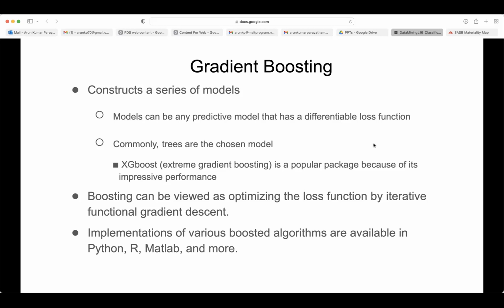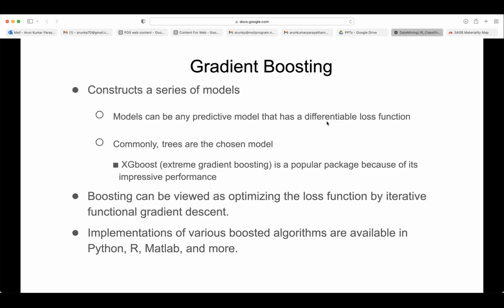For example, in logistic regression, the classification algorithm, we defined a logarithmic loss function with negatives and positives. Whatever loss function you define should be differentiable.